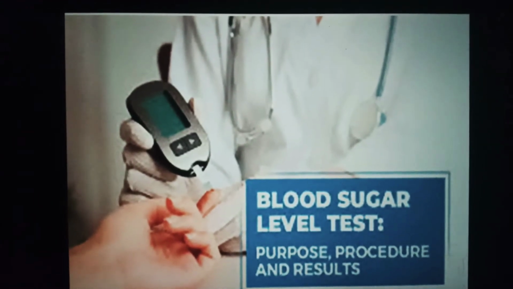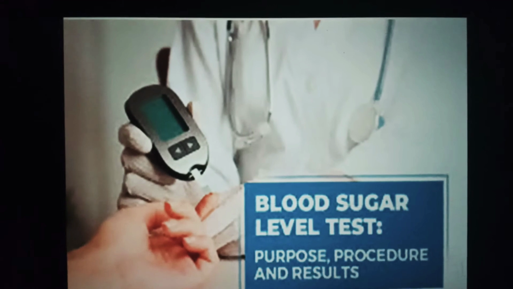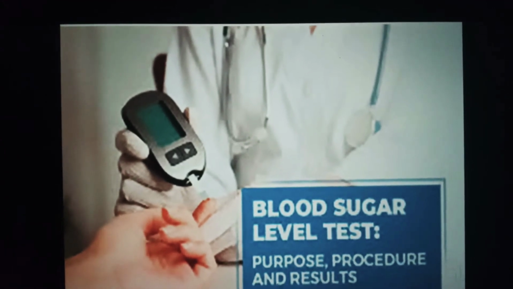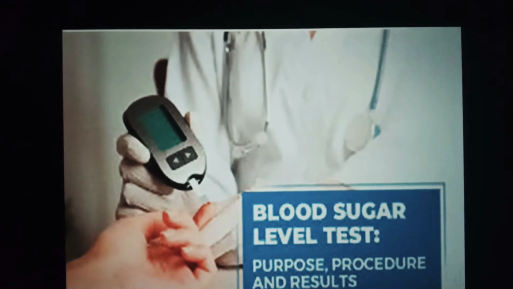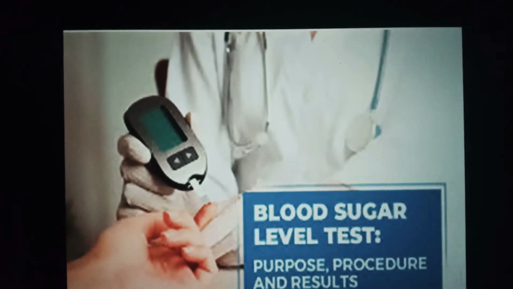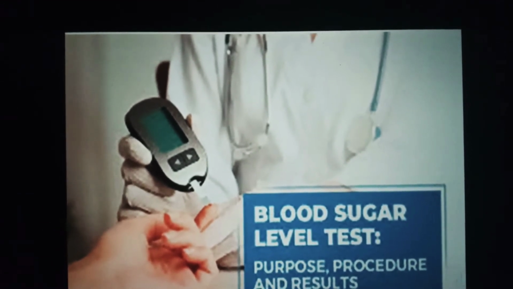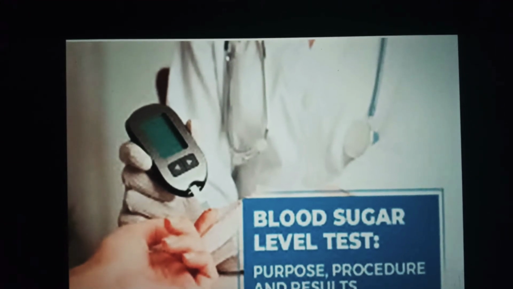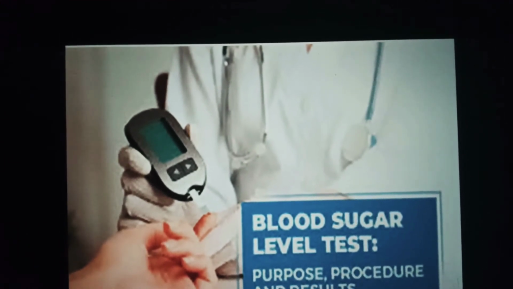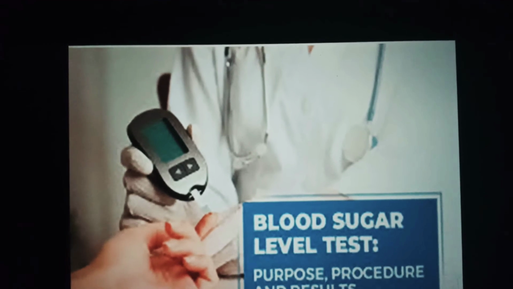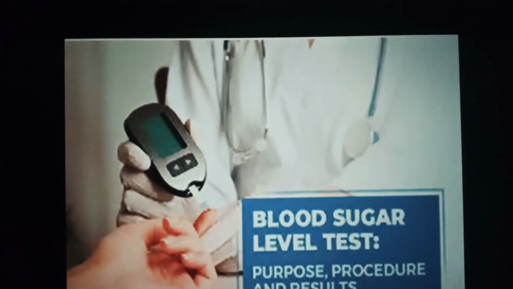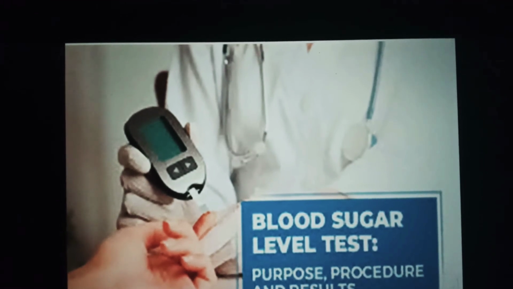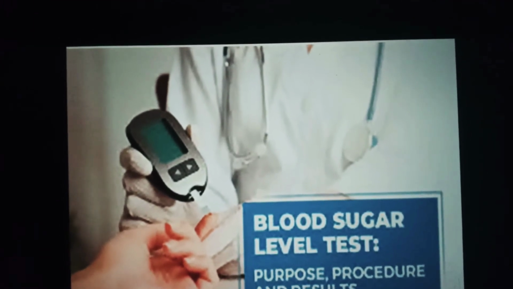A person having from 70 to 99 mg per 100 ml of BGC would be normal, from 100 to 125 mg per 100 milliliter will be pre-diabetic, and 126 mg per 100 ml and above will be diabetic.